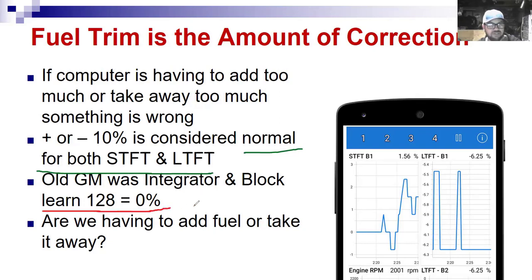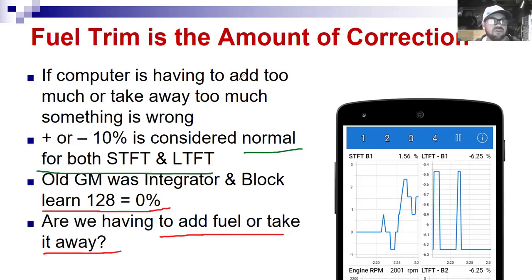They called it integrator and block learn, and essentially 128 was like 0%, where it was supposed to be was 128. And if it was numbers above it, it was adding fuel. And if it was numbers below it, it was taking fuel away. And I like to be, again, plus or minus 10, so I like to be between 118 and 138. So are we having to add fuel or take it away? And by how much?